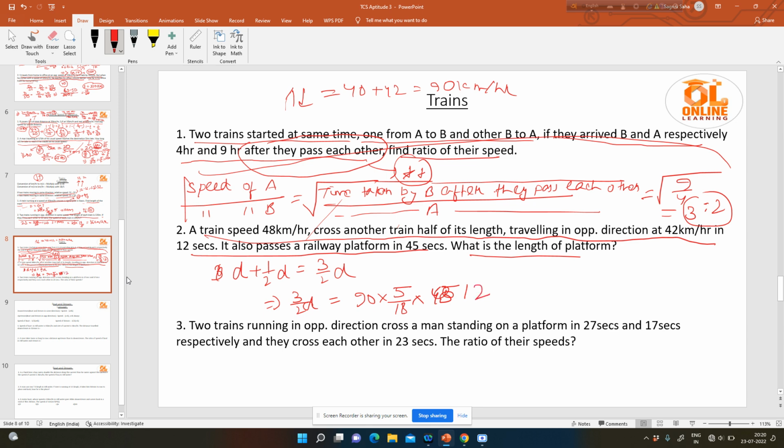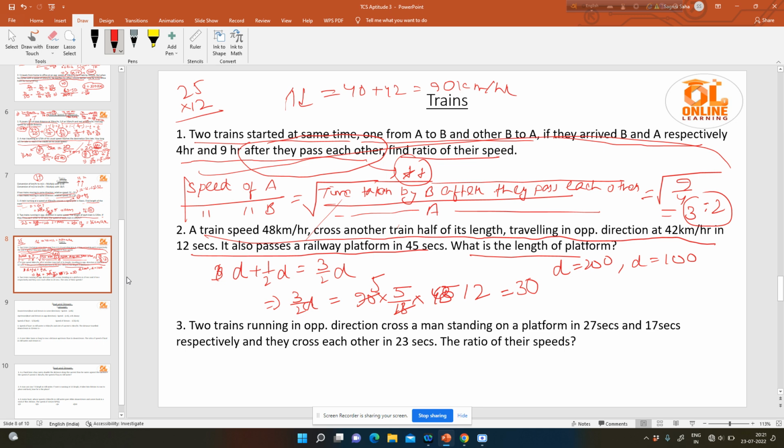In 12 seconds they cross each other, so 90 into 5 by 18 is 25, and 25 into 12 is 300. So d is equal to 300. One train's length is 200 meters and the other train's length is 100 meters.